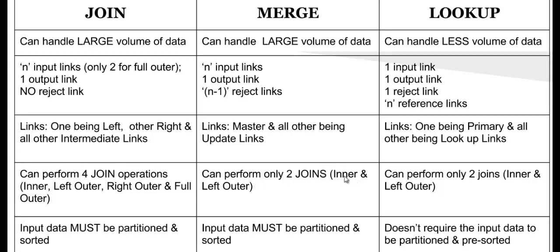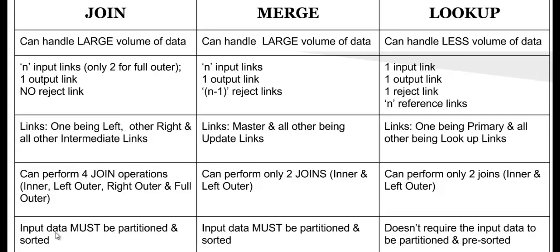Remember, unmatched masters mode keep is left outer and drop is inner. And lookup can also perform only 2 joins. If you have seen my video, continue means left outer and drop or reject means inner, right? So that's pretty much about this.